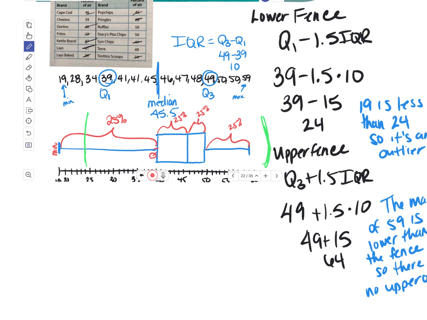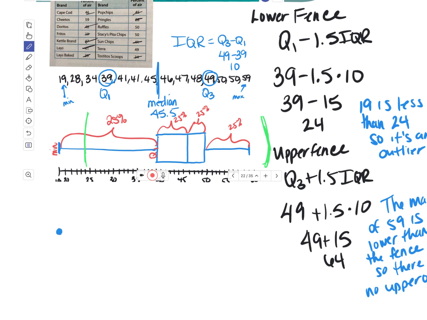Okay, the maximum is within the fence, therefore the maximum is not an outlier. Okay, how does that change my box plot if I want to show the outlier on my box plot? So I'm going to draw the box plot below it with an outlier. Because the minimum of 19 is an outlier, I'm going to put a dot for it. Let me do it in blue.